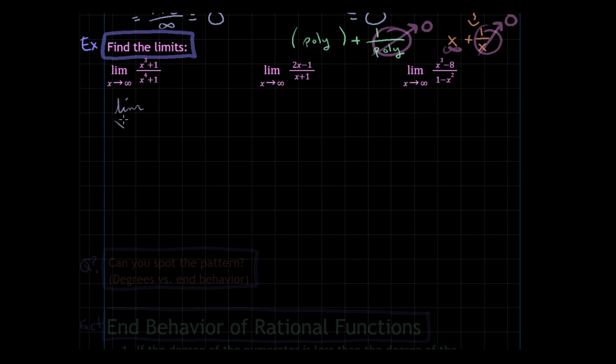Again, the strategy is identify that x to the fourth is our largest power, and so we're going to divide everything by x to the fourth, also known as multiplying by 1 in a special way. Maybe if the fractions within fractions scare you, you could think of it that way instead.